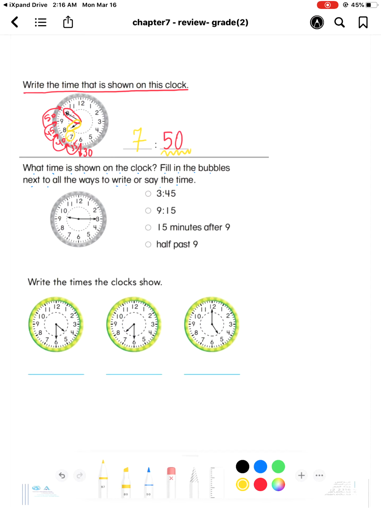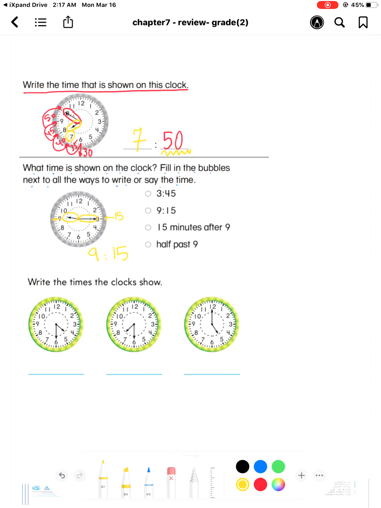Now let's first see here the hours hand, the short hand. It's at 9 o'clock, so it's 9. And what about the long hand that represents the minutes hand? It's at 3, which is 15.